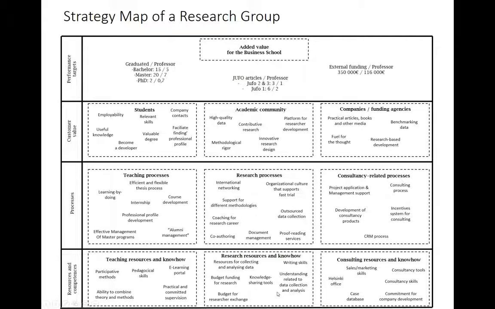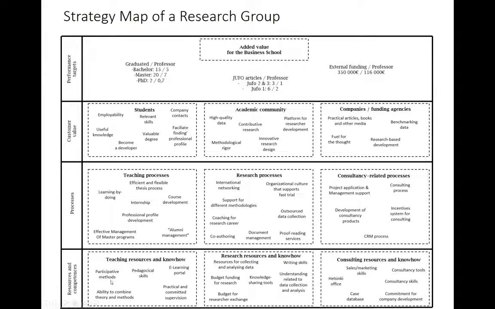Similarly, these resources and competencies are utilized by these processes and activities to generate these types of customer values for the academic community to achieve these journal targets per professor.